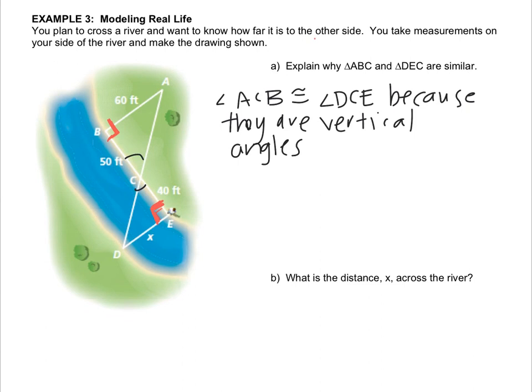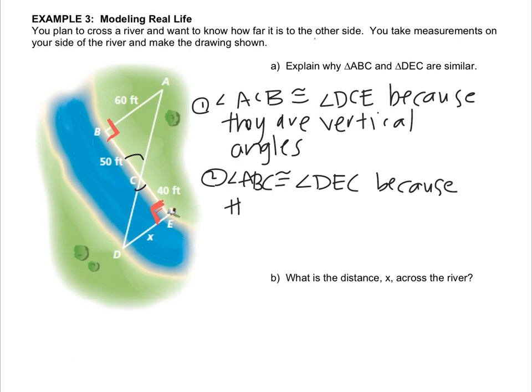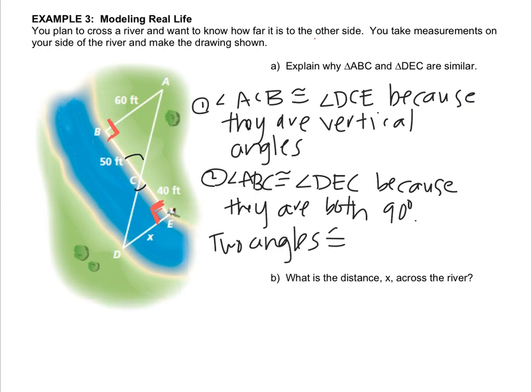So we have this, and then we also have that angle ABC is congruent to angle DEC because they are both 90 degrees. Two angles congruent makes them similar.